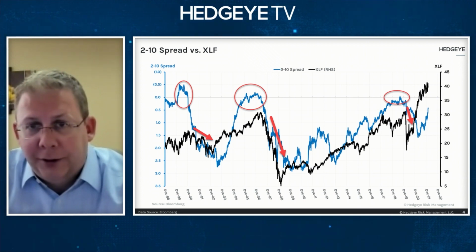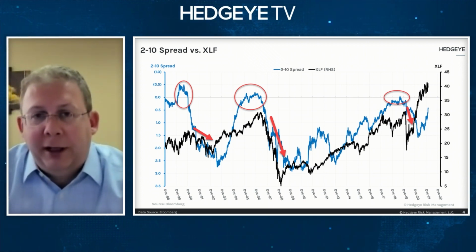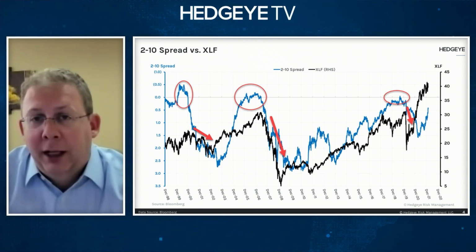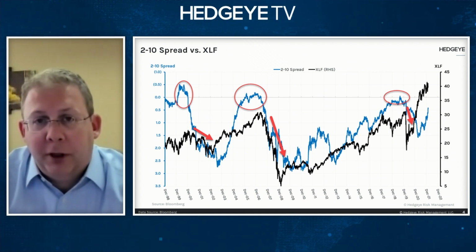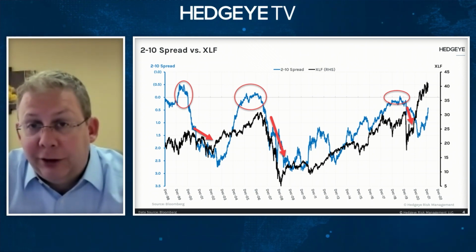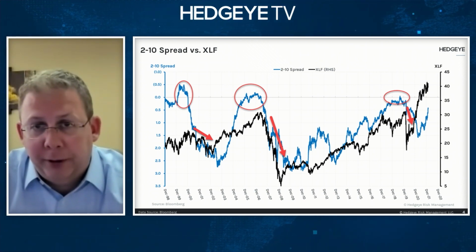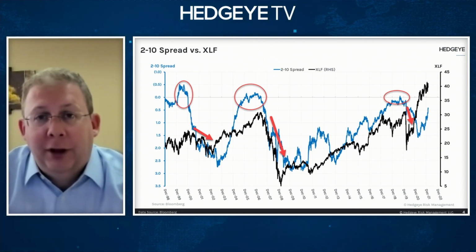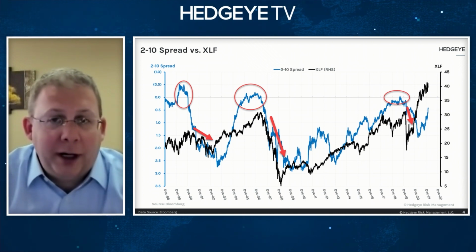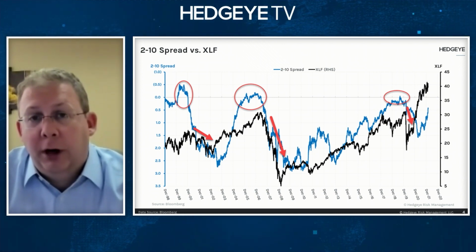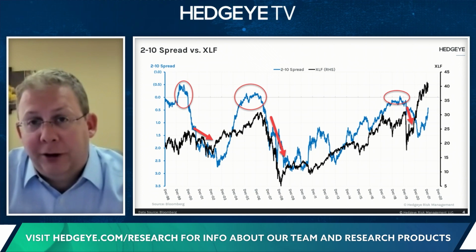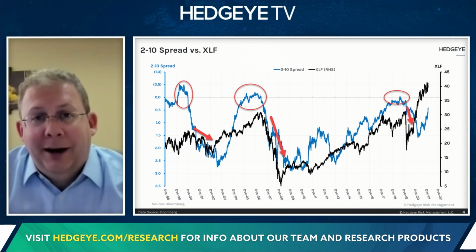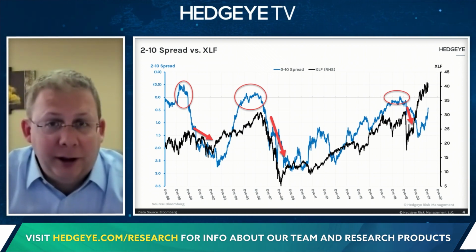The 10-year yield is different. The 10-year yield is set by the fixed income market and is really a reflection of what the fixed income market sees as the outlook for economic growth. As the fixed income market sees the outlook for growth deteriorating, usually about 1 year out, they start to push down the yield at the long end of the curve.